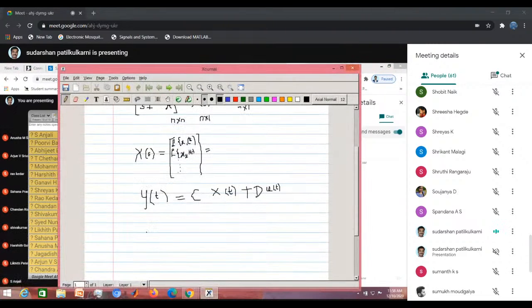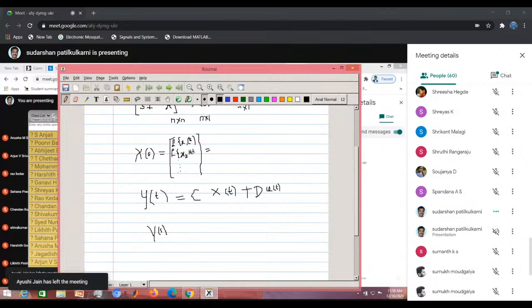Okay, so if you take Laplace transform of this, we have y of s equal to C x of s plus D u of s, right? So if you want the transfer function, we don't want this x of s, right?